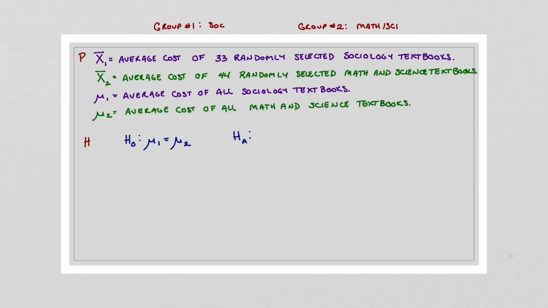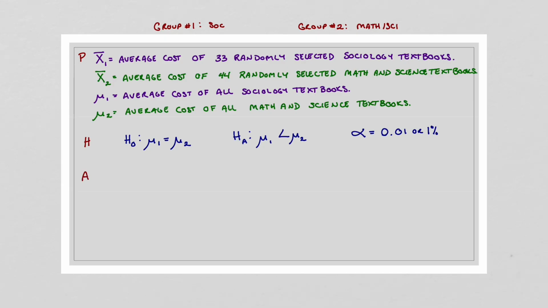In this instance, since I am having Group 1 be sociology, and this question asked me, is the average cost of the sociology textbook cheaper than the average cost of the math and science textbook? We will go ahead and do a left tail test. And then I'll also call out that my level of significance is going to be 0.01 or 1%.